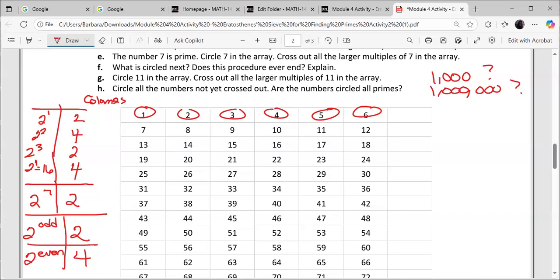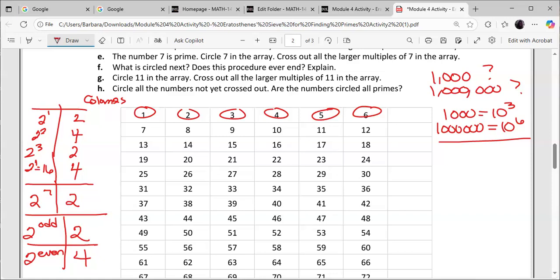I know last week I wrote down 10 to the third. So 1,000 is equal to 10 to the third, and 1,000,000 is 10 to the sixth. Can I make this a simpler problem?